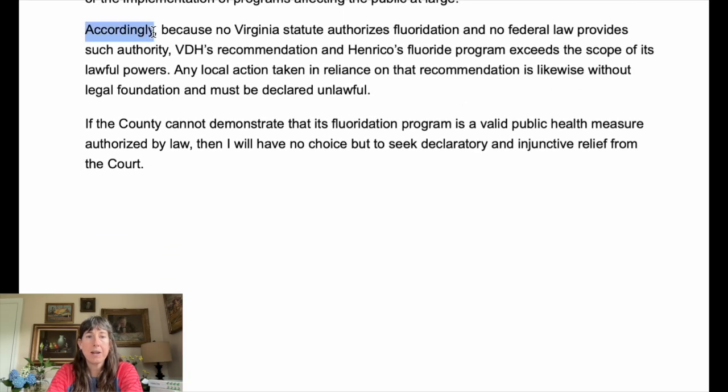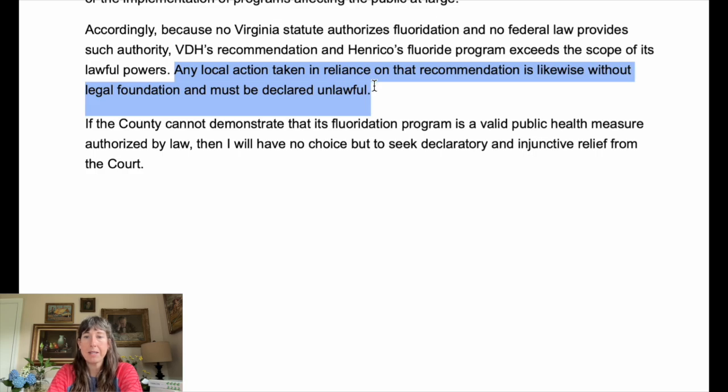Accordingly, because no Virginia statute authorizes fluoridation and no federal law provides such authority, VDH's recommendation and Henrico's fluoride program exceed the scope of its lawful powers. Any local action taken in reliance on that recommendation is likewise without legal foundation and must be declared unlawful.